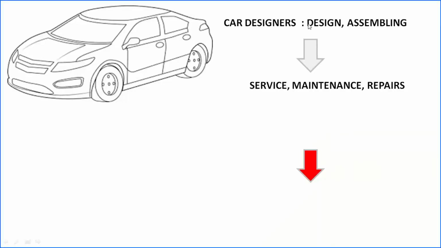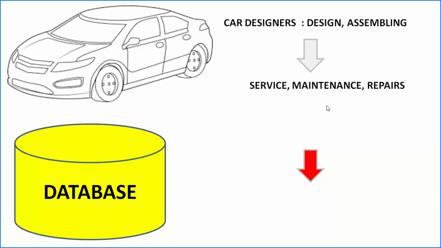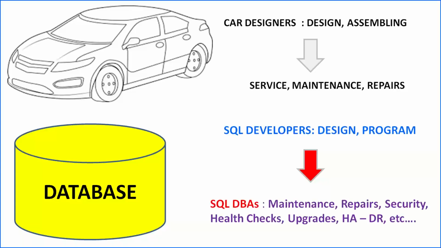At a car plant, the designers are involved in various spare parts design, test them, assemble, test them. Then the car goes on the road, for service, maintenance, repair. In the same way we have a database. To make it simple, a database is our daily car. We have developer teams to take care of design and programming activities.